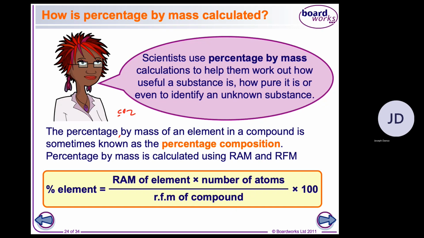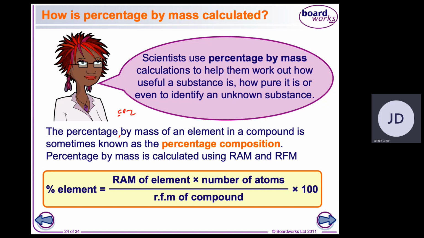And the formula for calculating percentage by mass is the relative atomic mass of that element times the number of atoms in the compound divided by the RFM of the compound, i.e. the relative formula mass of that compound. Multiply them by 100 and you get the percentage by mass.